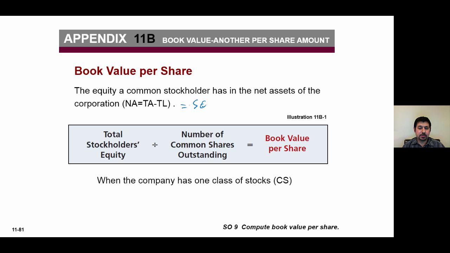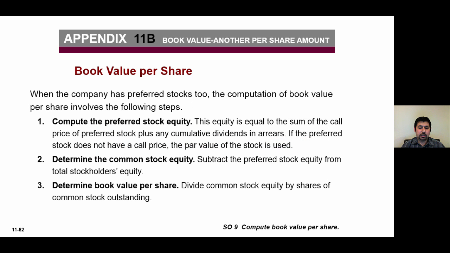that are outstanding. This is when the company has only one type of stock, which is common stock. If the company has more than one kind of stock, first we need to calculate the preferred stock equity, and then we need to subtract that from total stockholders' equity to basically determine the common stockholders' equity.